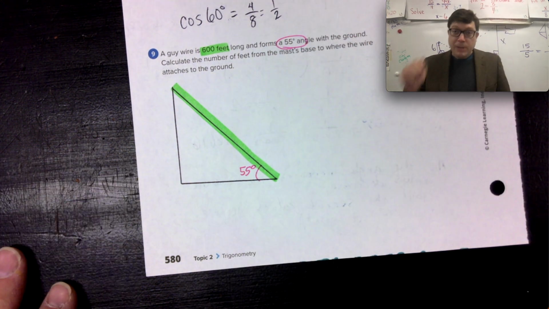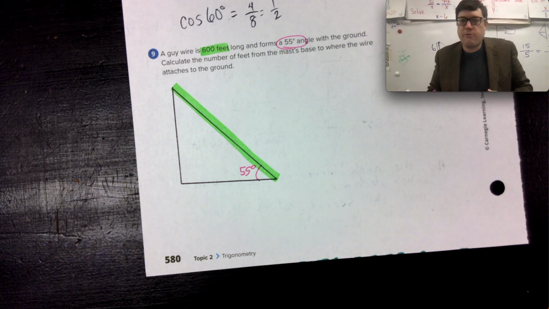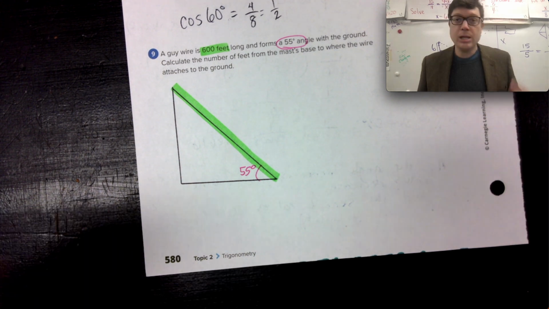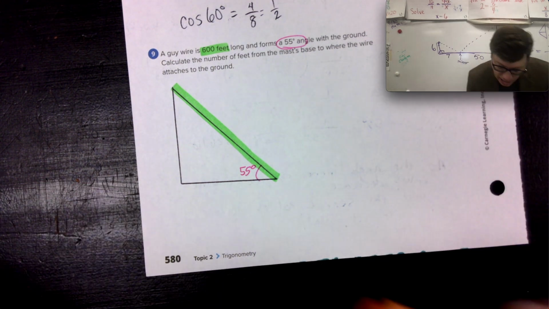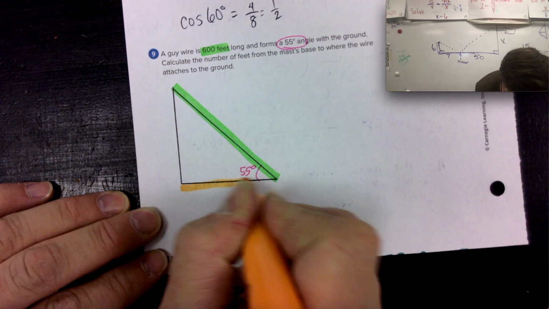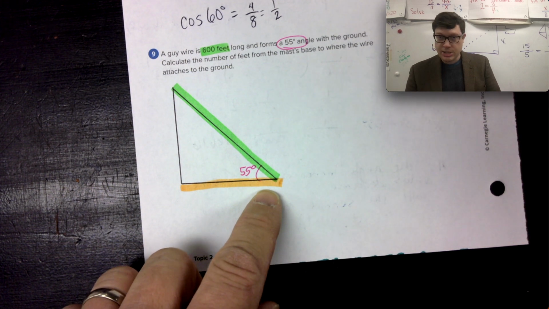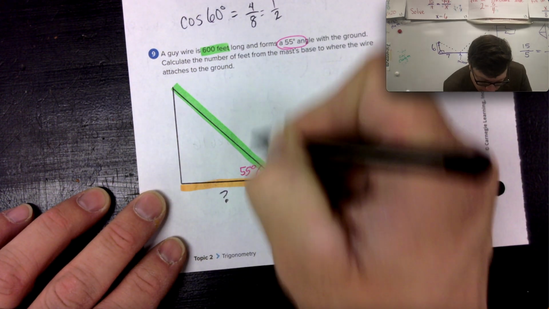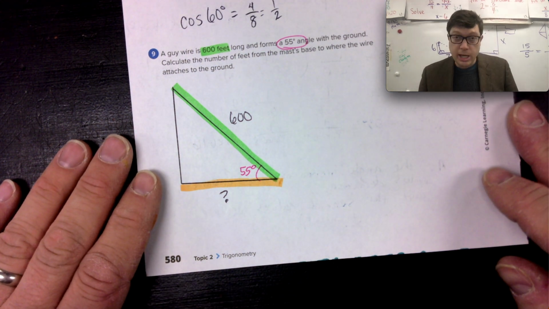So you should be drawing all of the notation, the numbers, the information, the triangle, labeling it, putting all of that into our problem. Calculate the number of feet from the mast's base to where the wire attaches to the ground. This is unknown. This is 600. Let's write a cosine ratio.